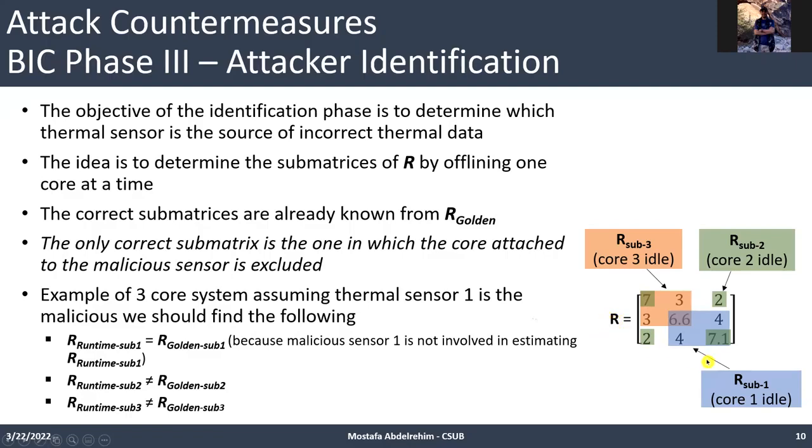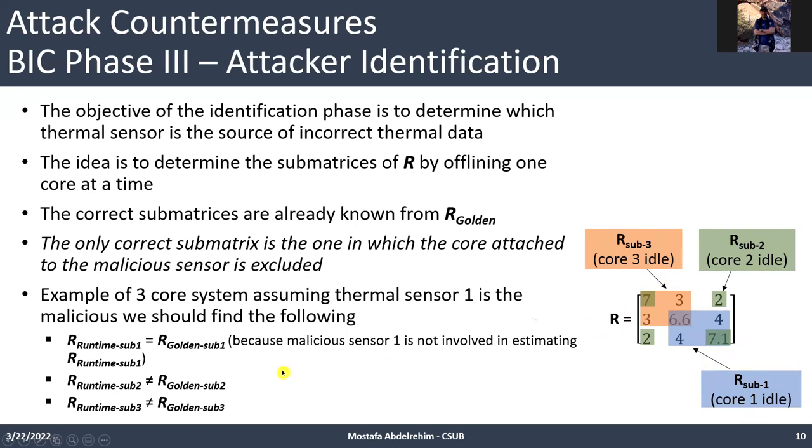So for example, if core 1 is idle, there is no workload on core 1, it's offline, and only core 2 and core 3 are working, then if you run thermal traces and collect the power, BIC can estimate the submatrix here, which I'm gonna call R sub 1. And in another example, if core 3 is idle, then you have only core 1 and core 2, and you're gonna estimate the orange submatrix here, submatrix 3.